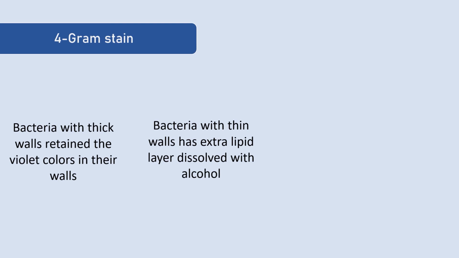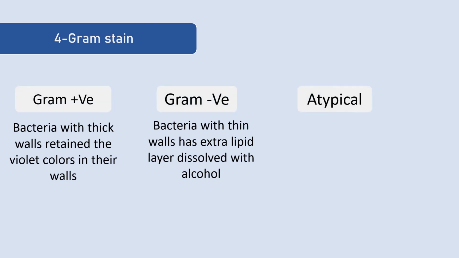When Gram added alcohol, it dissolved this layer. And when safranin was added, their cell walls were ready to be stained again, and they appeared pink under the microscope. That's why we can distinguish between gram-positive, gram-negative, and atypical bacteria.